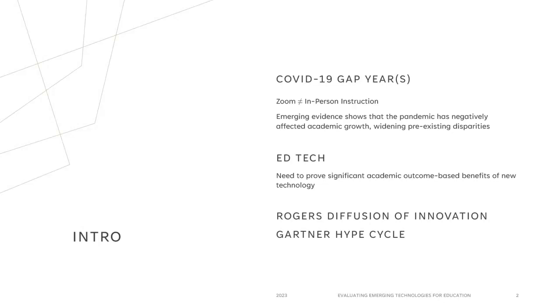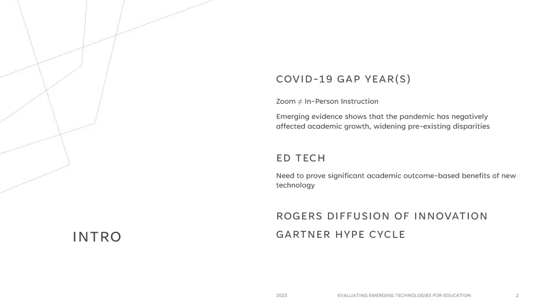And this experience has shown us that the pandemic has negatively affected academic growth and widened pre-existing disparities. In fact, some might say that COVID-19 caused our students to have a gap year or more than 1 year in their academic progress.